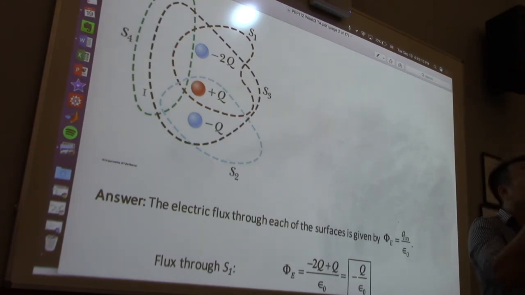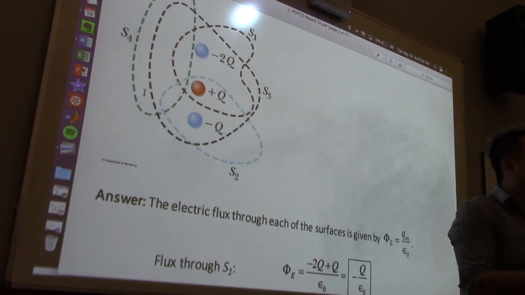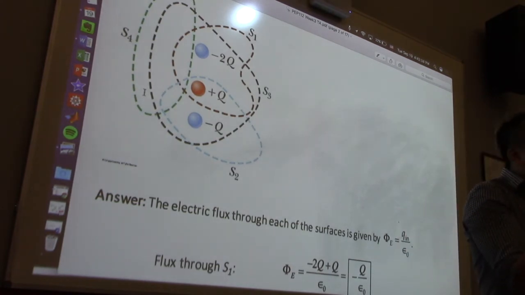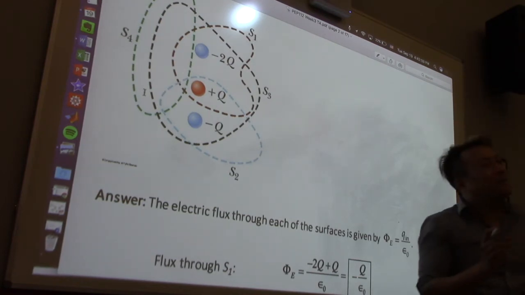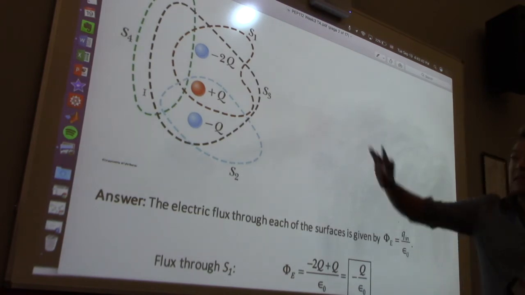So you choose the surface, and if I choose a circle, then I know the surface area is 2 pi r squared. If I choose a sphere, then the surface area is 4 pi r squared. Since you know the surface area of specific shapes, use those shapes to figure out how much flux is going through. All right? So that's the second problem.